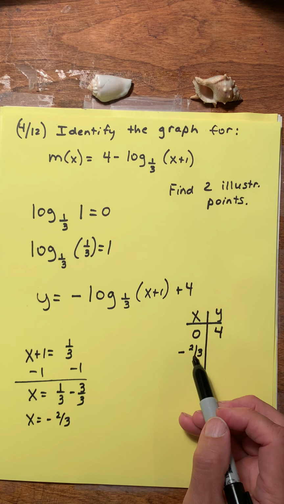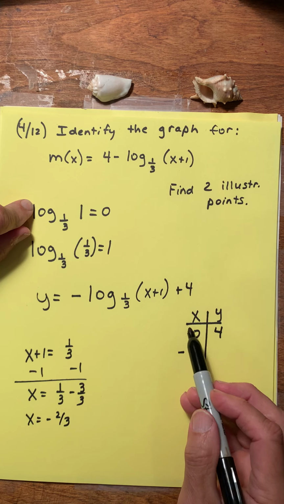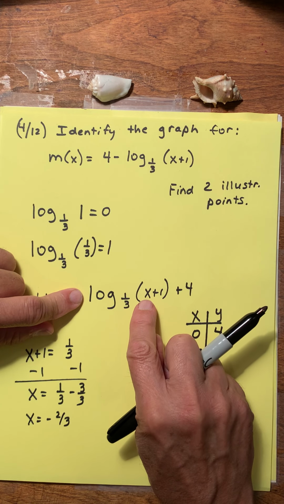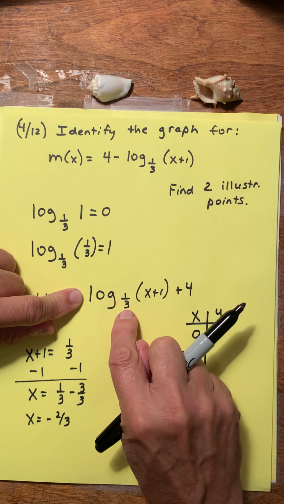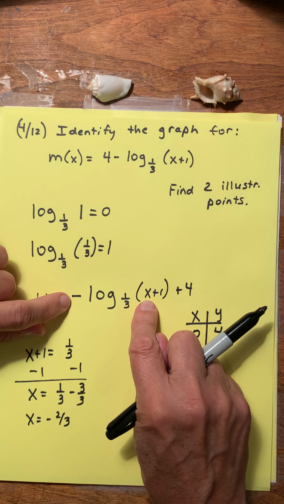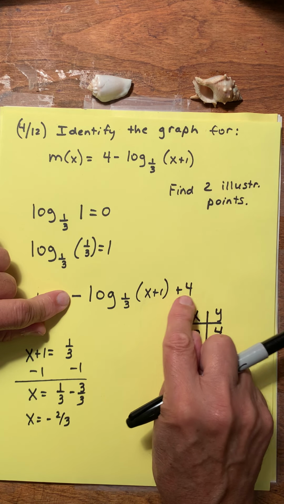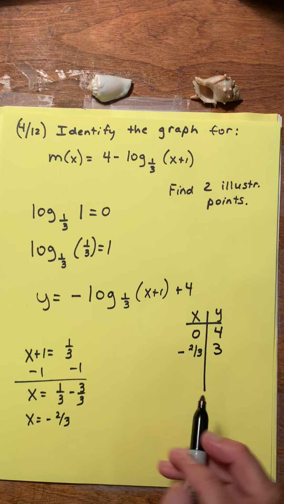So I'm going to pick negative 2/3. Seems kind of weird, but I want it to end up really nice and neat. I'm going to pick negative 2/3 for my x. Here we go. Negative 2/3 plus 1 is 1/3. Log base 1/3 of 1/3 is 1. Negative of 1 is negative 1. Negative 1 plus 4 is 3. Got my 2 points.